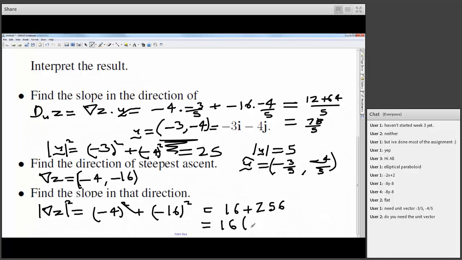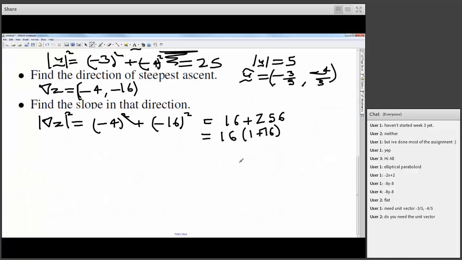So it's 16 of 1 plus 16. So it's 16 times 17. So the length of our gradient vector, so the slope in the maximum direction, would be the square root of this. Square root of 16 is 4. Square root of 17 is square root of 17. So as a simplified surd at least, the length would be 4 root 17. You can write it in other ways, of course.